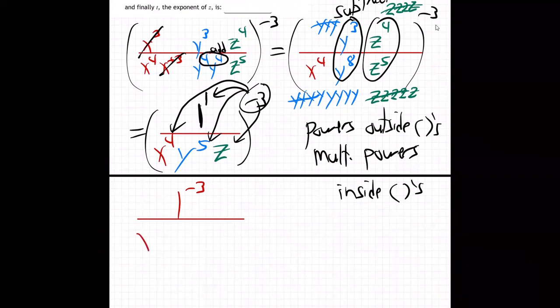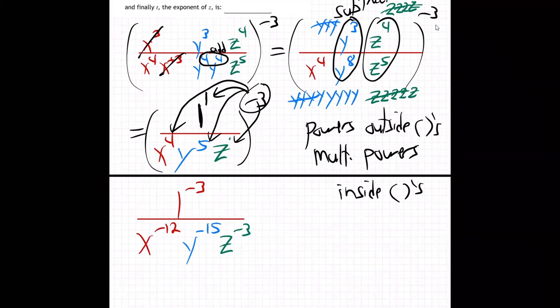And so then this will become x to the what? -12. Y to the -15. Z to the -3. So that power outside parentheses is multiplying all the powers inside.